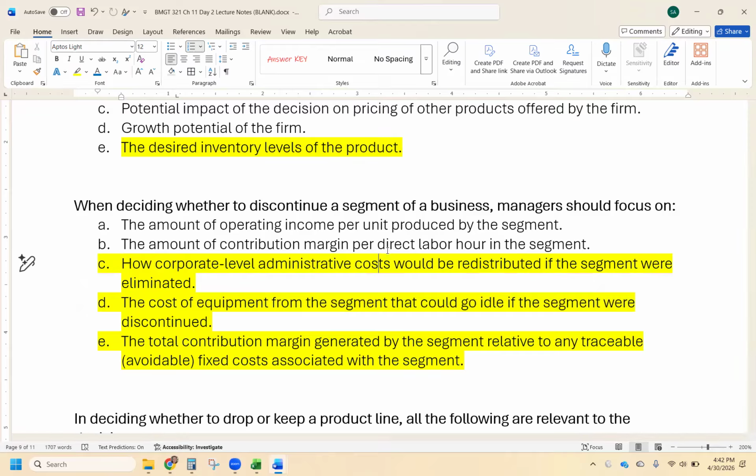C, how the corporate level administrative costs would be redistributed if the segment were eliminated. Those are unavoidable fixed costs because they're allocated from corporate. If they have to move those costs from product C and put them onto A and B, those costs just move and they don't go away. So C is talking about unavoidable fixed costs.